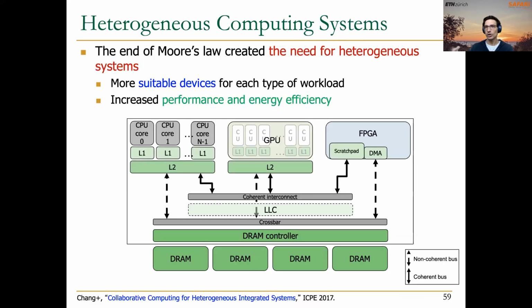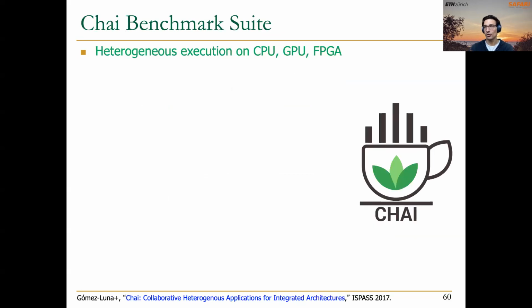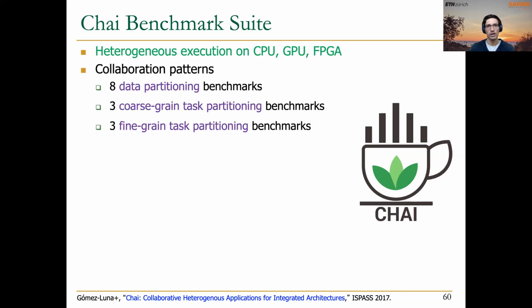Hopefully, at the end of the course, you will be familiar with different heterogeneous computing systems and heterogeneous devices, even though we are going to have a main focus on GPUs and GPU programming, which can also be a way of getting introduced to heterogeneous computation. And hopefully as well, at the end of the course, you'll be able to write your own heterogeneous applications, such as the ones that you can find in the CHAI benchmark suite, which features different collaboration patterns.